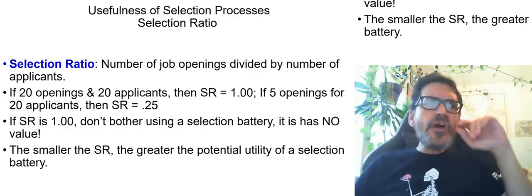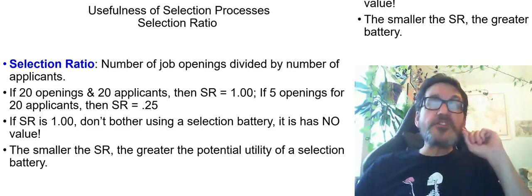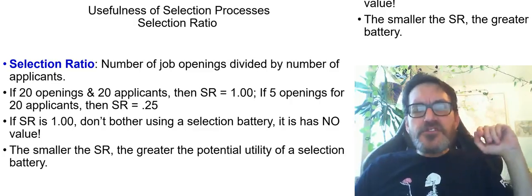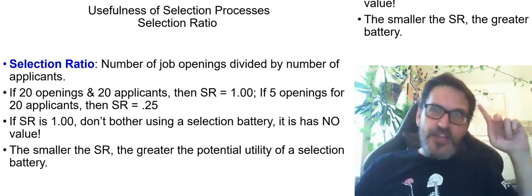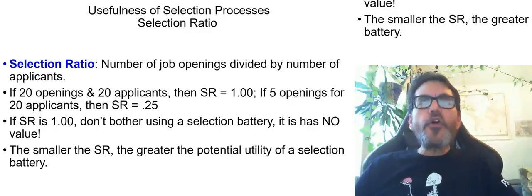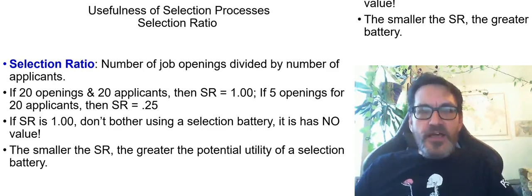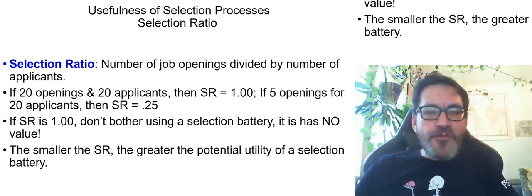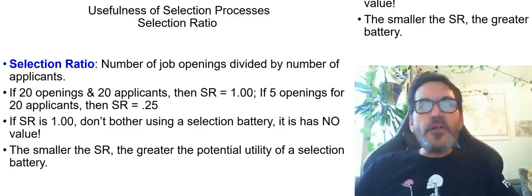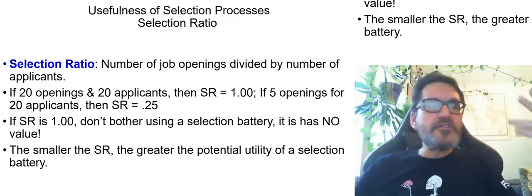Another incredibly important consideration is the selection ratio. So if you have 20 positions that need to be filled, and you have 20 applicants, the selection ratio is 1.0. It's 20 over 20. And therefore, what is the point of your selection battery? You had 20 positions to fill, you had 20 applicants, you are all hired. So you might as well not even bother with a selection battery. There's no point to it.